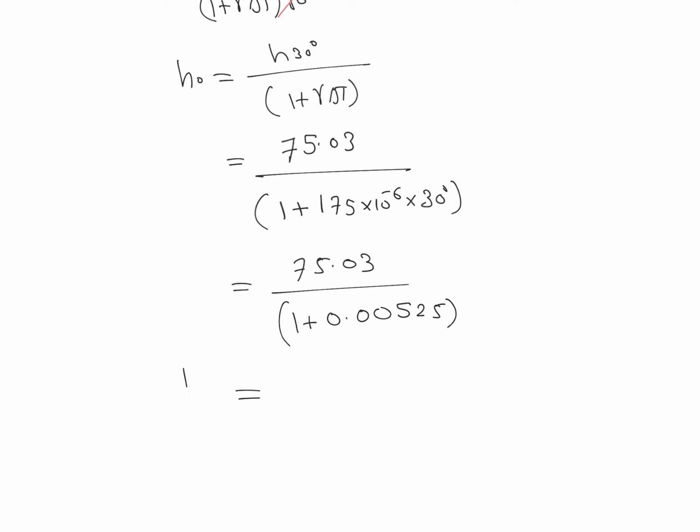So the actual height at 0 degrees Celsius is 75.03 divided by 1.00525, which is around 74.6.